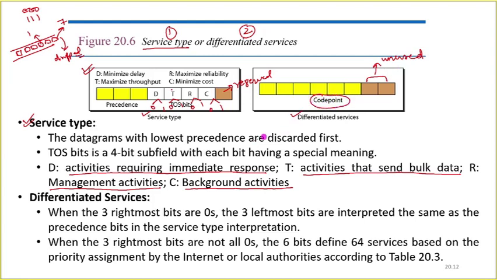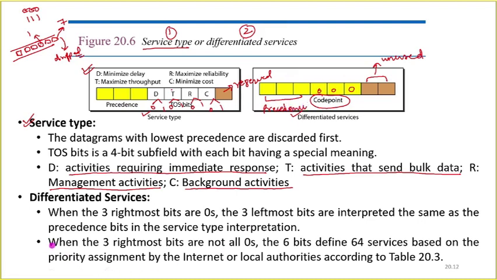Here, when the 3 rightmost bits are zeros, the 3 leftmost bits are interpreted the same as the precedence bits in the service type interpretation. So this will be indicating the precedence.